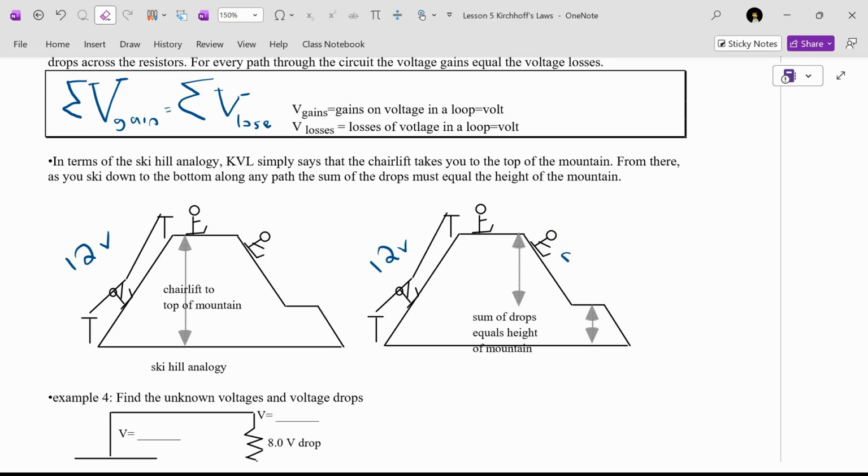If you lose 8 volts going through this resistor, how many volts must you lose going through the second resistor? Has to be 4. That's Kirchhoff's law for voltage. It's not that voltage is conserved. It's whatever you gain, you got to lose. It's really a conservation of energy. Whatever you start with, you finish with.